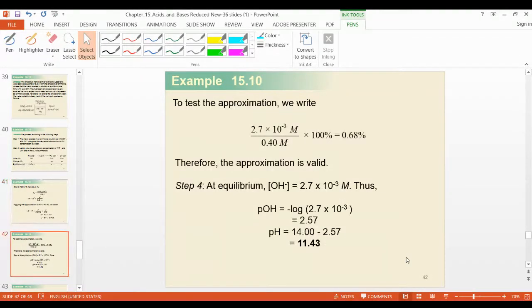Then you use the 5% rule: X divided by 0.4 gives 0.68%.